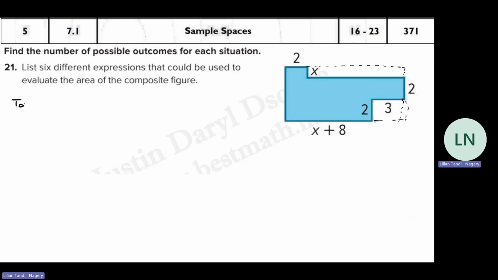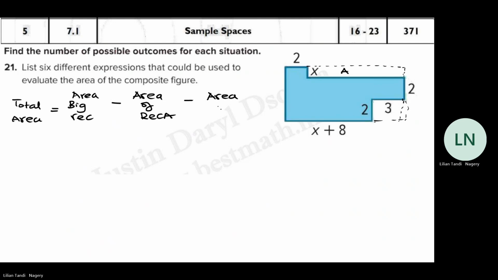So I said total area equals area of big rectangle minus area of rectangle A minus area of rectangle B. Okay?